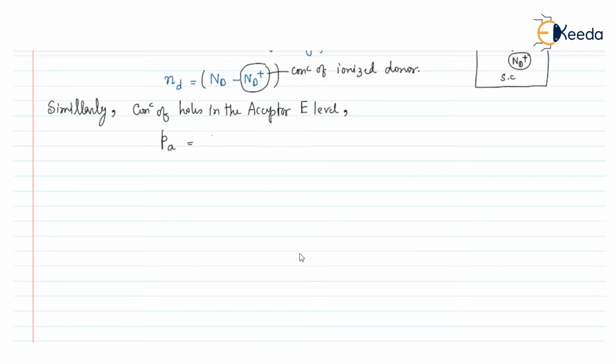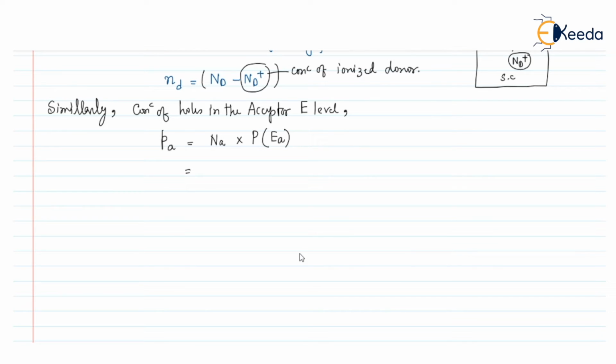So it will also be equal to Na into the probability of finding the holes, that is capital P, in the acceptor energy level, that is Ea.